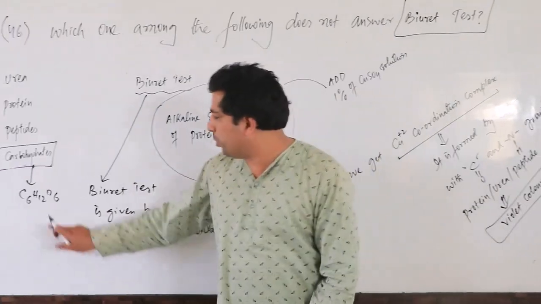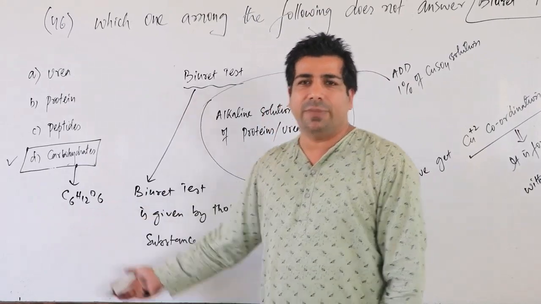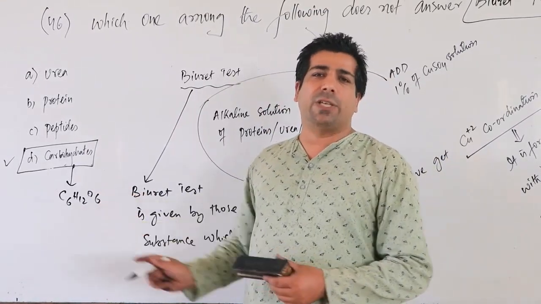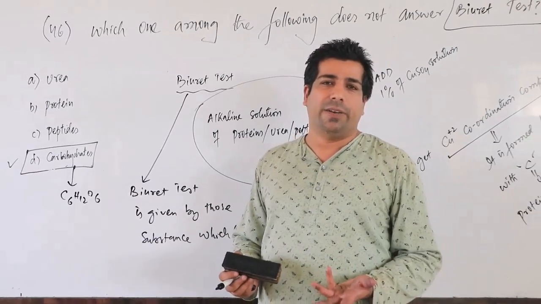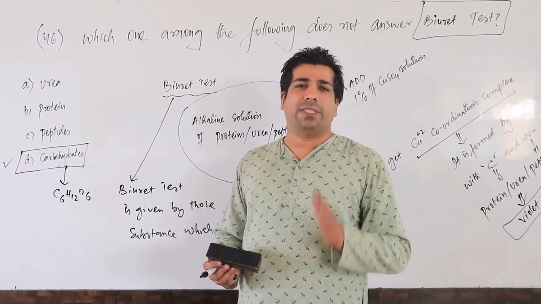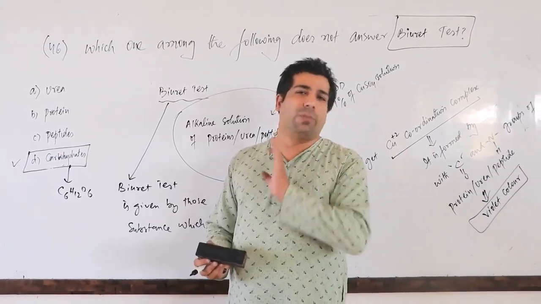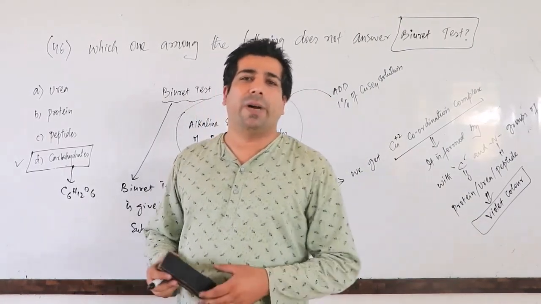But in glucose you don't have nitrogen. When you don't have nitrogen here, that means there is no chance of CO and NH group. In fructose you have CO group, but nitrogen is not there. My dear friends, you don't have CONH group in case of sugar molecules because they don't contain nitrogen. So they won't give the biuret test.